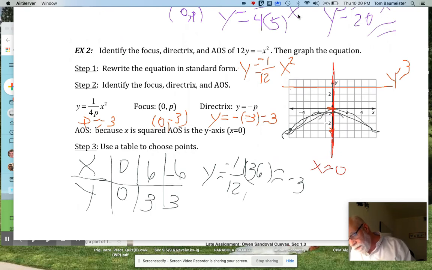I'm trying to get it so that it touches the vertex at 0, 0. Again, it's not the best, but I've never had to use my finger as a pencil before, so that kind of gives you the idea. Remember, this is our focus right here, and that is at 0 and -3.